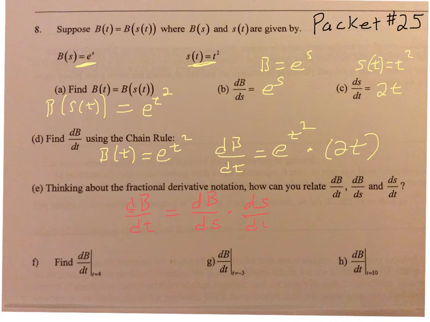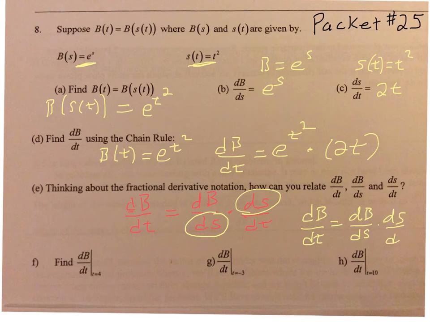Strictly looking at the fractions, our ds in the denominator and our ds in the numerator would cancel one another out, and I'd have dB/dt equals dB/dt. So this form, dB/dt equals dB/ds times ds/dt, is a second form of the chain rule.